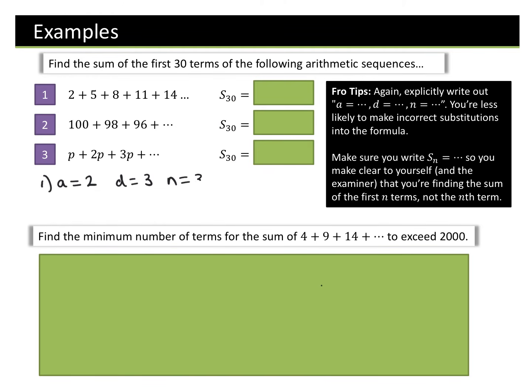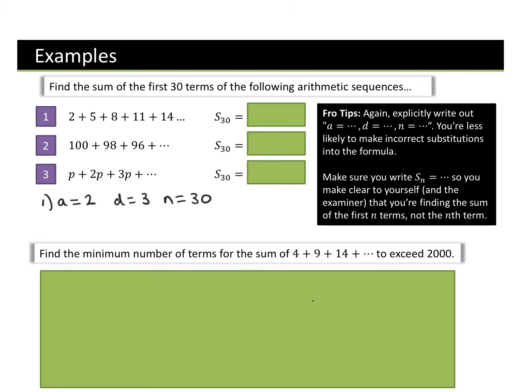Now, because we've been given our first term, our difference, and our n, the formula we're going to use is Sn equals n over 2, lots of 2a plus n minus 1d. Remember, this is what Sn equals, or Sn equals n over 2, a plus l.